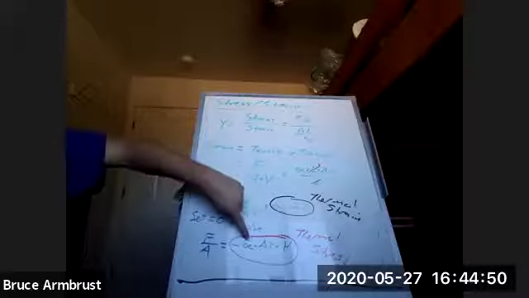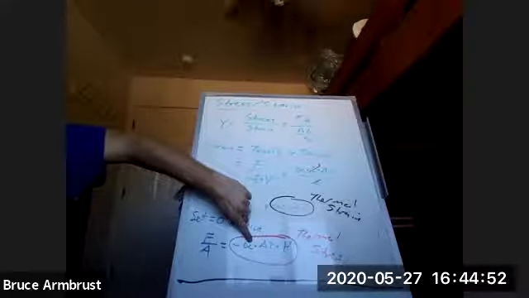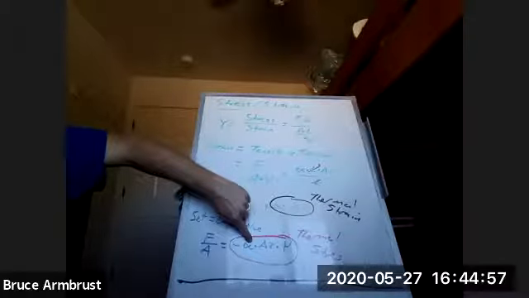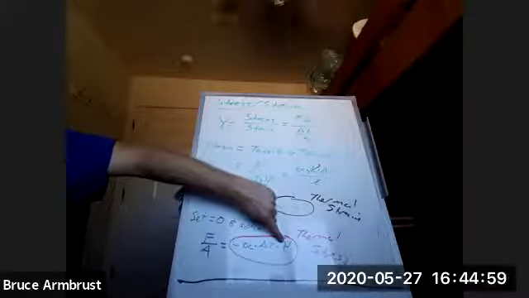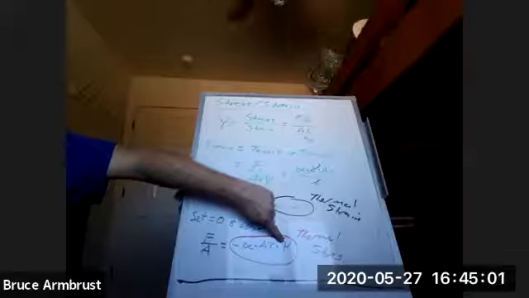So it depends on the material a lot. It depends on the thermal linear expansion constant. It also depends on the Young's modulus, which was a measure of its ability to react to stress, and also the change in temperature.